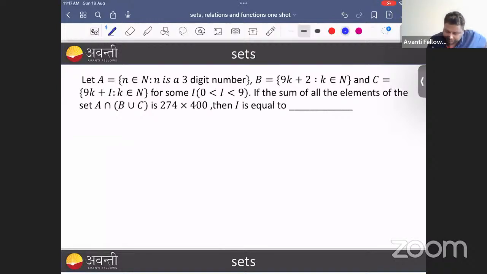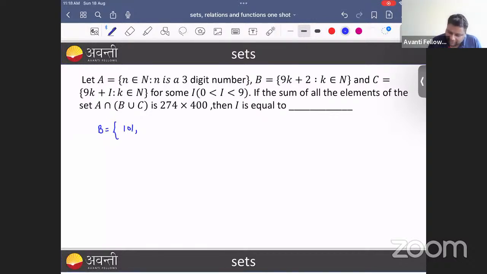Now tell me one thing. What will be the number of elements in set B? We will directly count the numbers which are of 3 digits, because ultimately we are taking intersection with A. So B will be having which elements? The first element that B will be having is 101. If you divide it by 9, you get remainder 2.